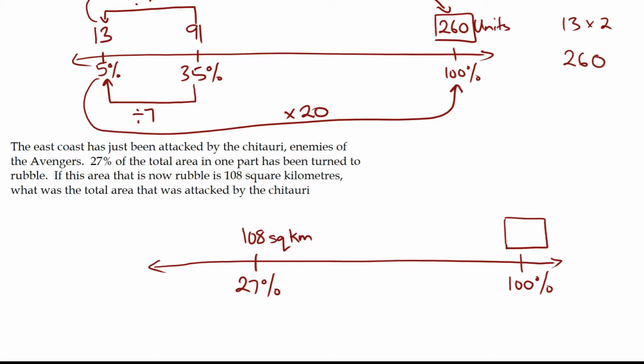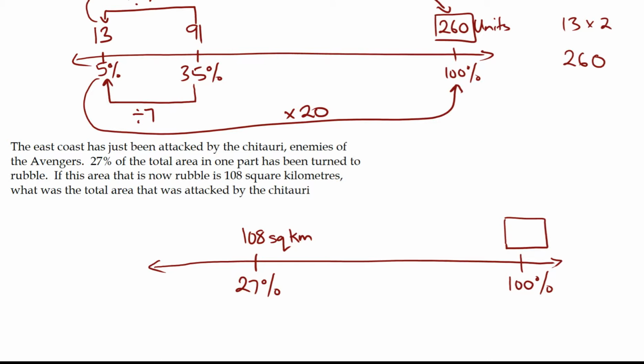100% is what we're trying to find, the total area. And we also know that 27% of that area is now rubble, which equates to 108 square kilometres. Looking at 27% and 108, I can't quite go from 27 to 100, so I'm thinking about what I could do with 27% and 108.